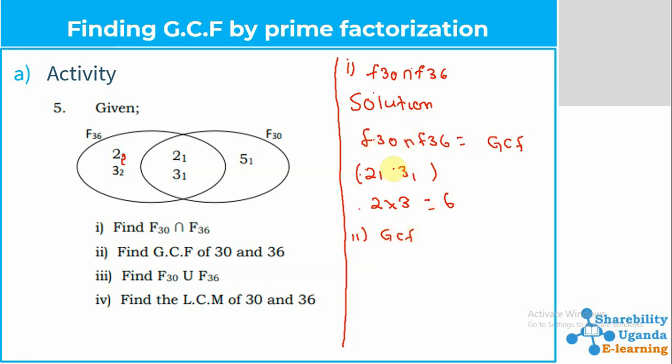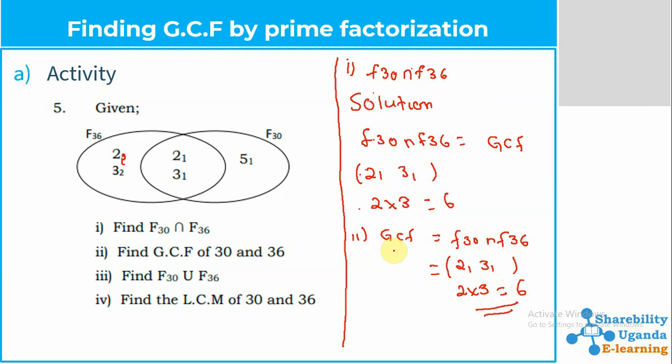We said the prime factors of 30 intersecting the prime factors of 36 is going to be 2^1 and 3^1. So this simply means 2 times 3, and we still get our answer as 6.